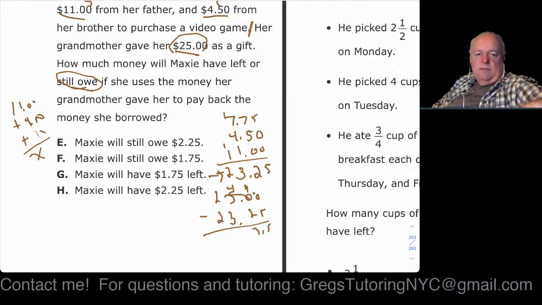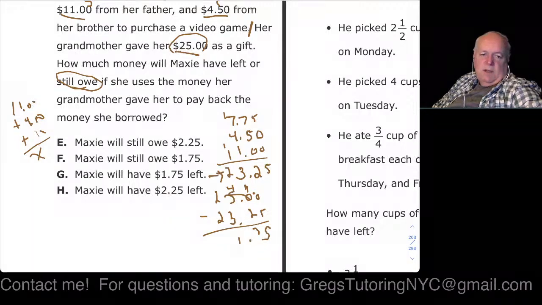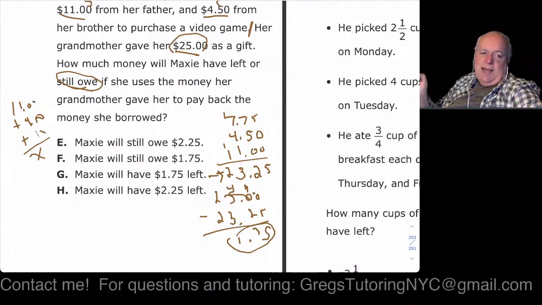Wait, I wrote 7.5. The points there, and then we're going to get 1. So we get $1.75. So now we have to figure out, does she owe $1.75 or she still has $1.75 left? Well, she started out with $25 and she paid $23.25. Then she definitely has money left. So the answer there would be G.